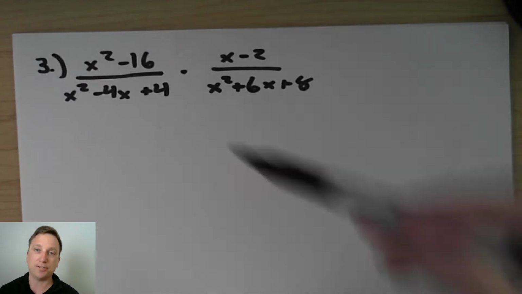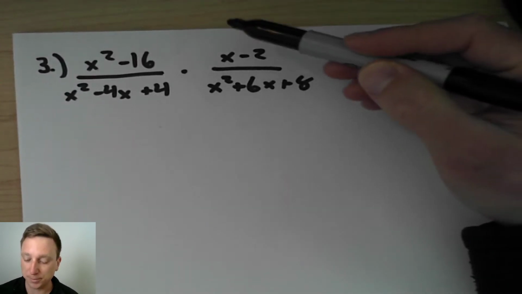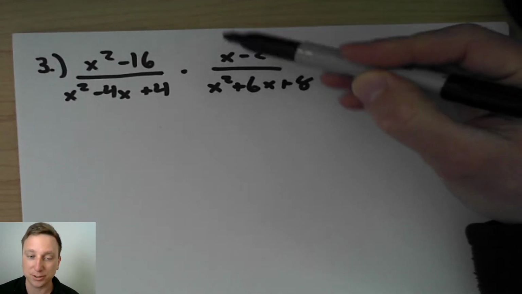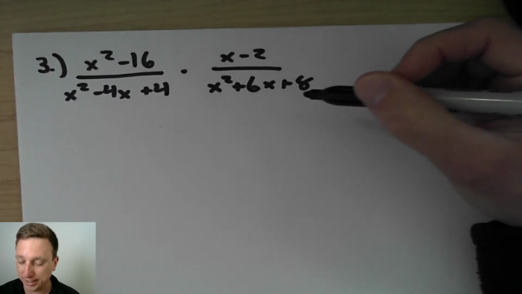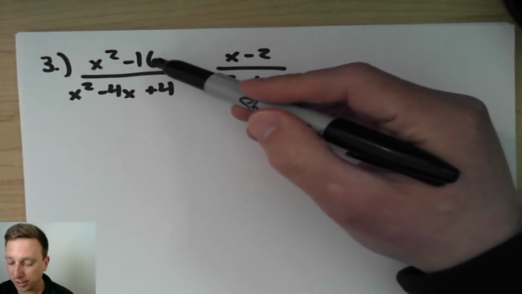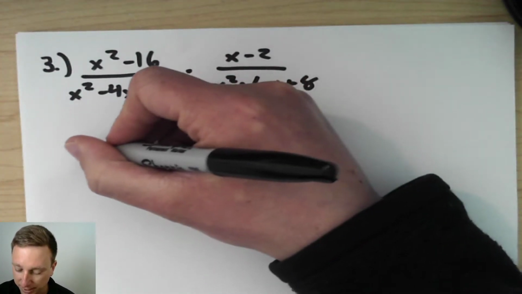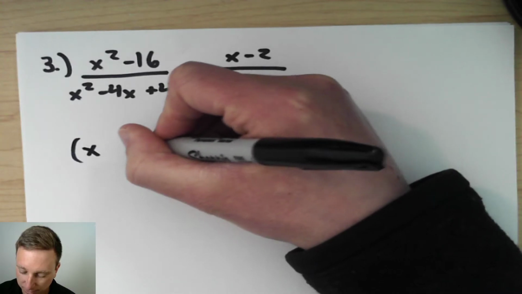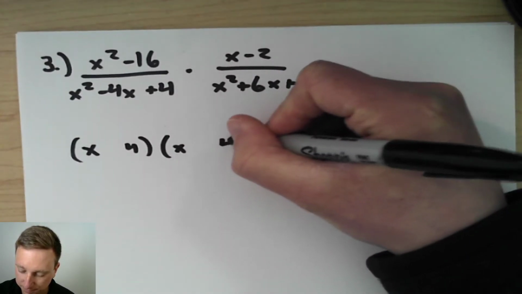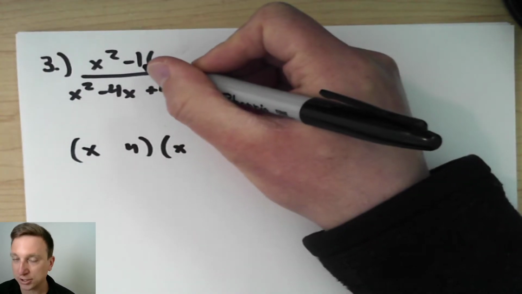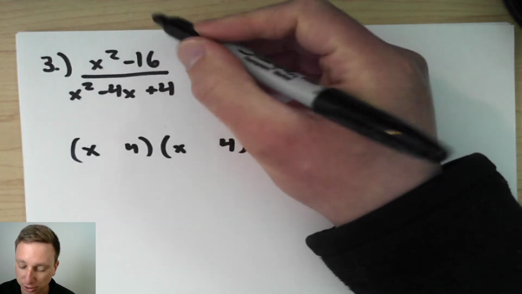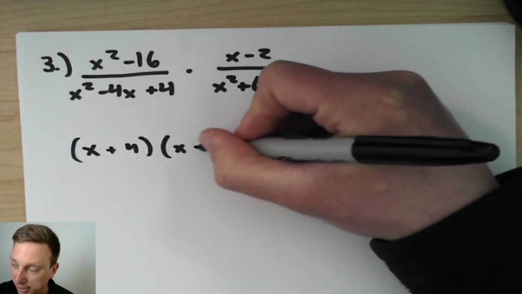So if we start factoring this, just like the first two problems, we're going to see there's a lot of common factors, so we kind of know what to look for. If we reduce the numerator on the left side, x squared minus 16 is a difference of perfect squares. It factors into x and 4, x and 4, and because there's no x term, we know these are plus and minus.